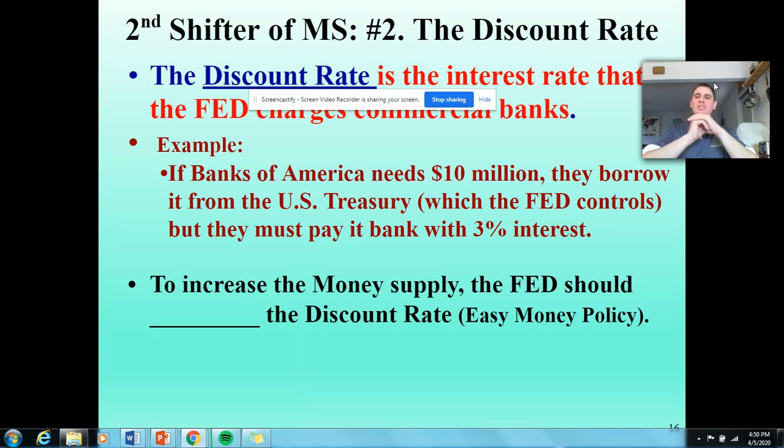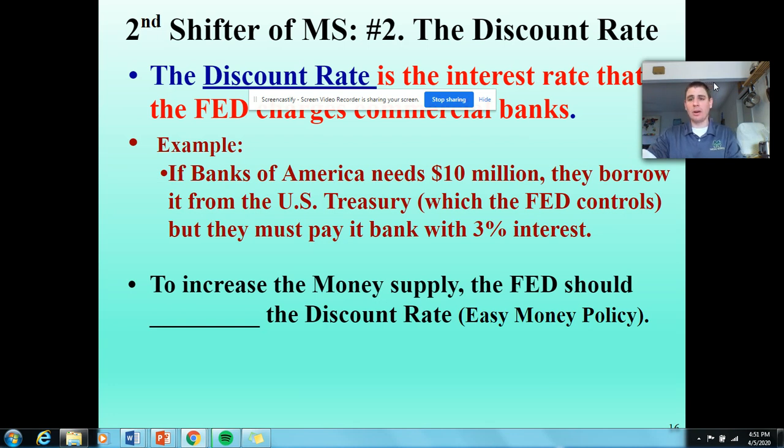Let me put it this way. If there was a large penalty for falling below the reserve requirement, like you had to pay 50% interest rate, well, would you be as willing to loan out all of your money that you have in excess reserves?